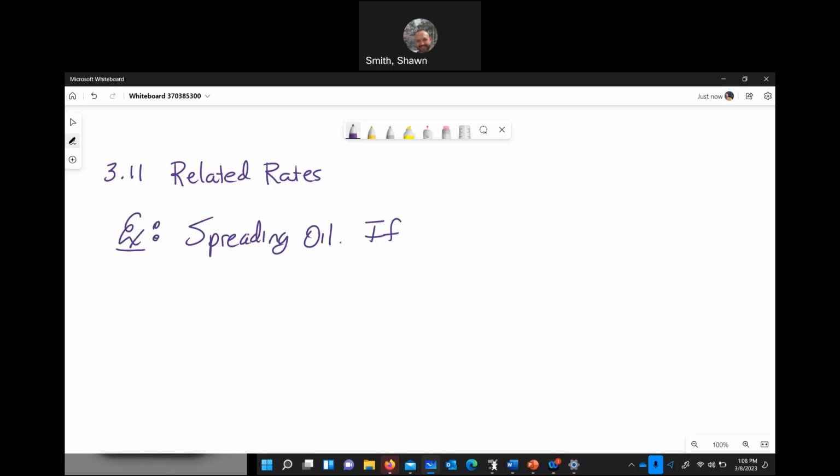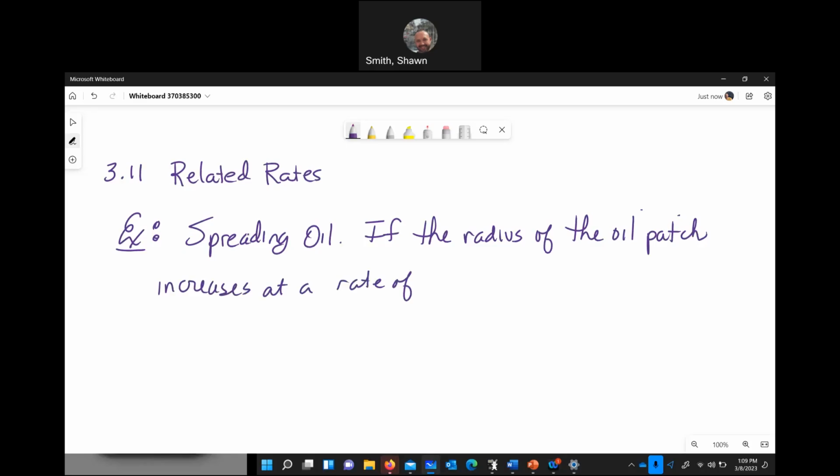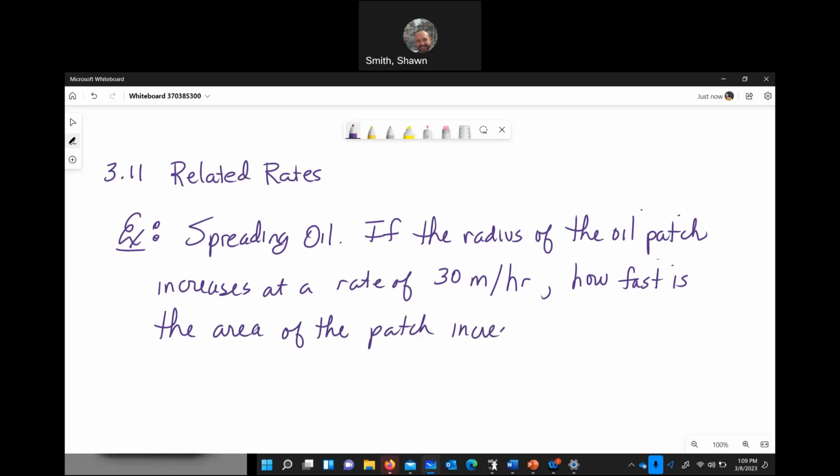If the radius of the oil patch increases at a rate of 30 meters per hour, how fast is the area of the patch increasing when the radius is 100 meters?